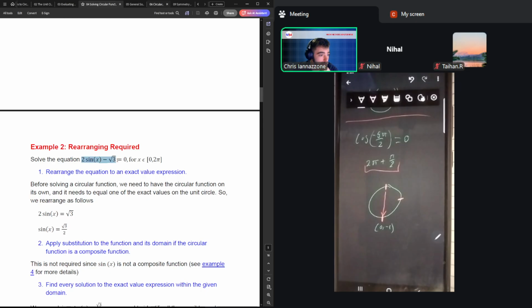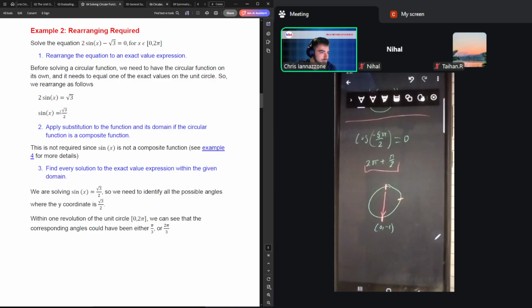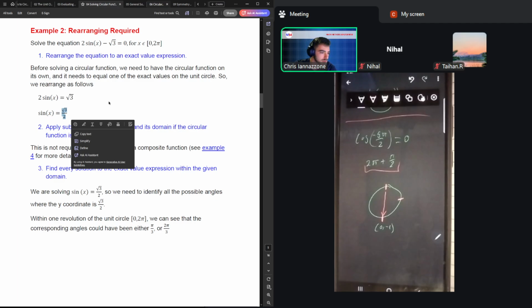Sometimes you might have to rearrange your equation to get there. So this one doesn't really look like it's where you want it to be. You pretty much always want to get it to a spot where you have the circular function exactly on one side and the exact value on the other. So this is basic sine equals one of our exact values. And again, same idea. It's sine, so we're looking for y values that are equal to root 3 over 2.